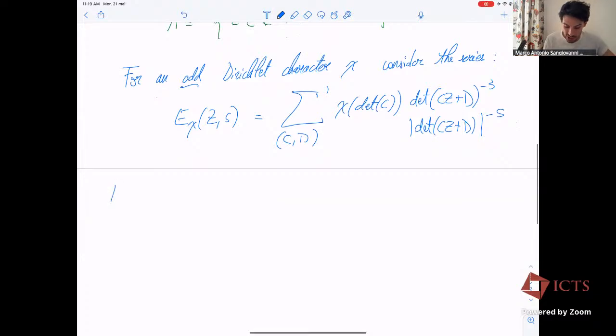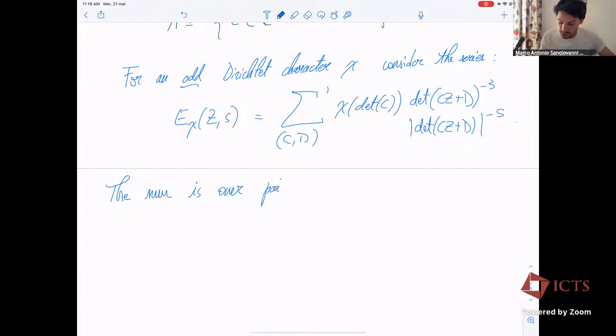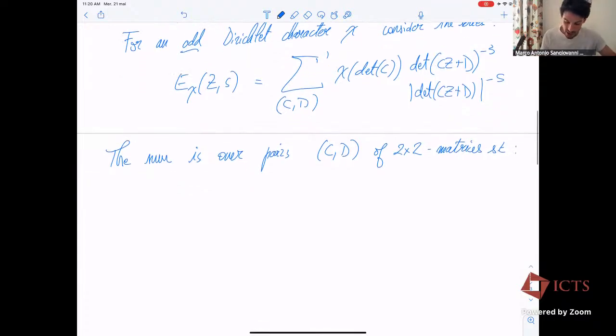So the sum is over pairs (C, D) of 2 by 2 matrices such that the following holds.